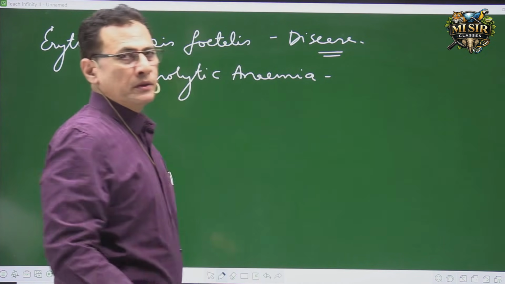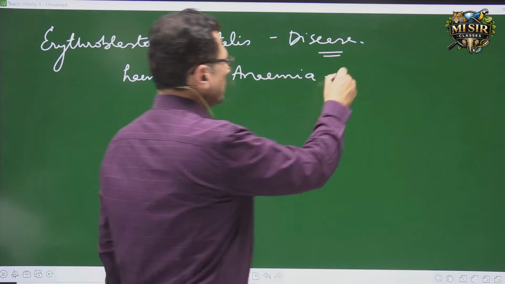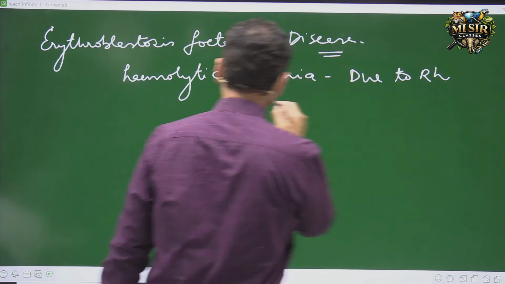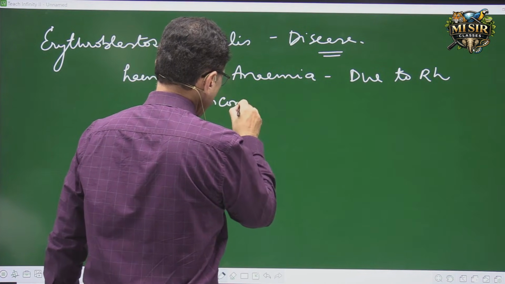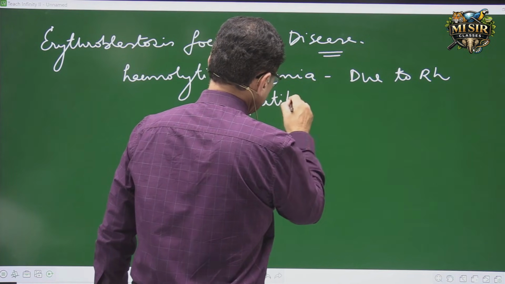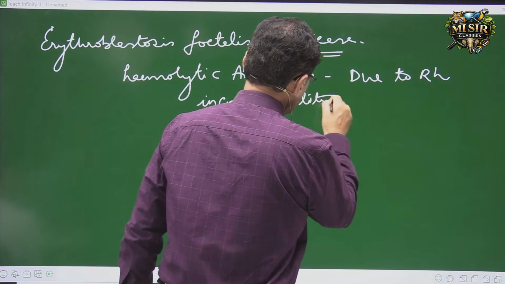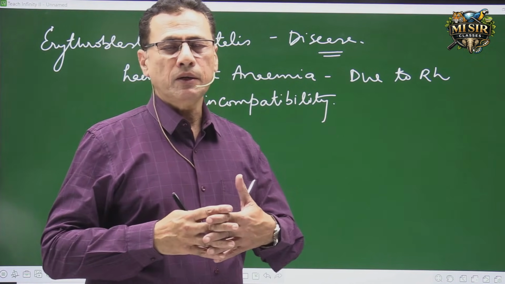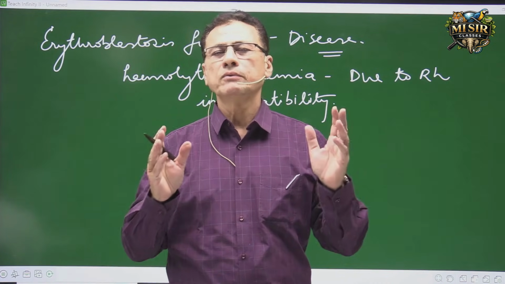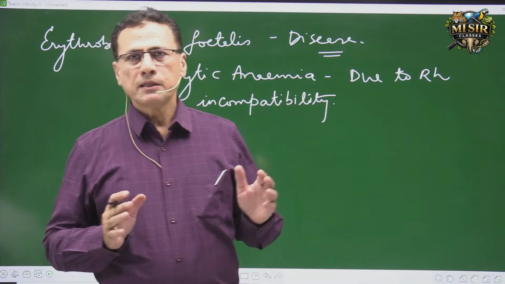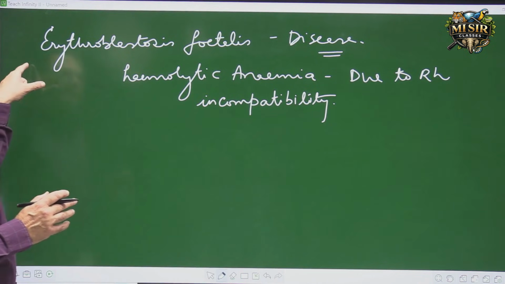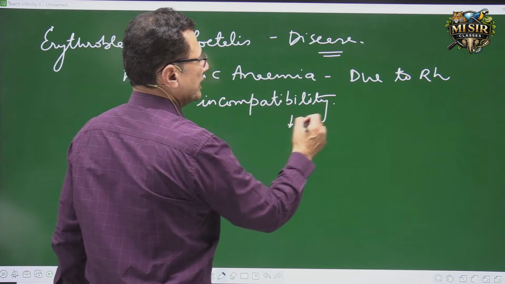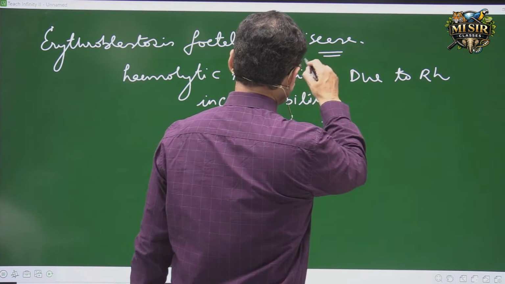It is due to Rh incompatibility. Incompatibility means when the Rh antigens collide with the Rh antibodies, this leads to mass destruction of the fetal RBCs. The disease in fetus is called Erythroblastosis Foetalis, and it leads to anemia. Hemolytic anemia, it is called.